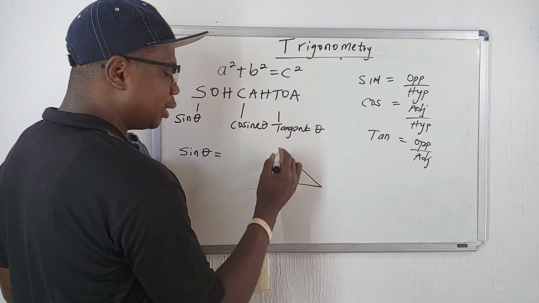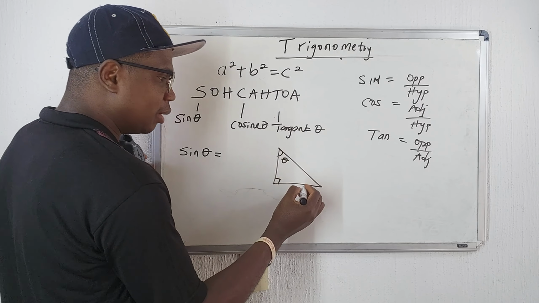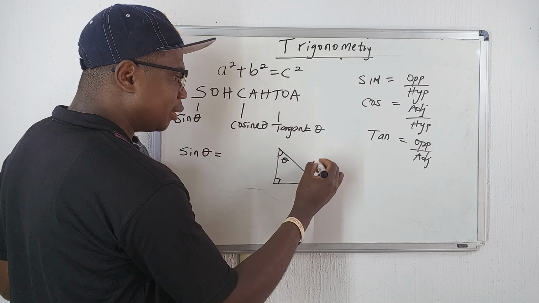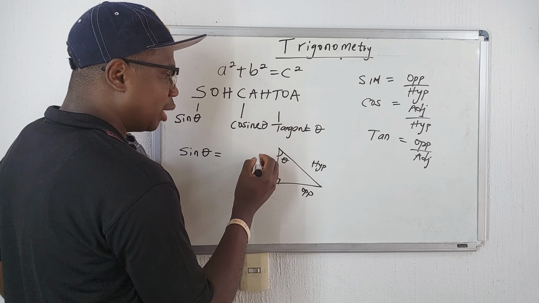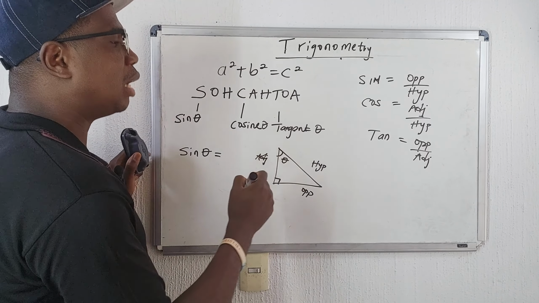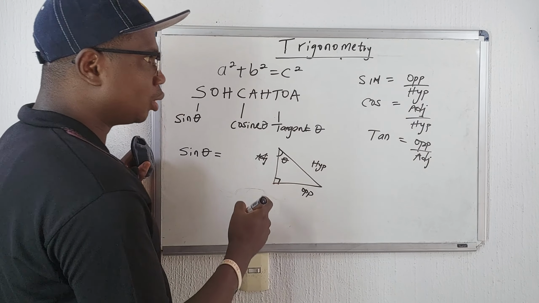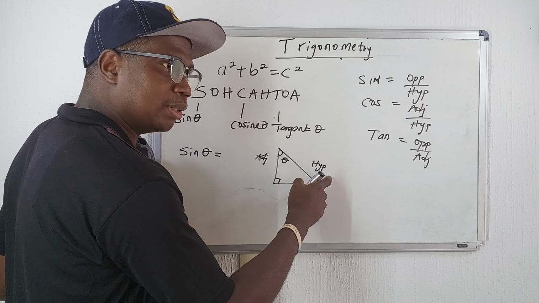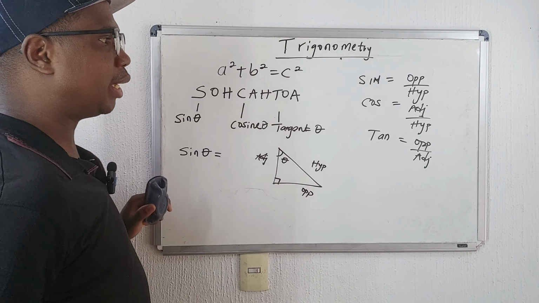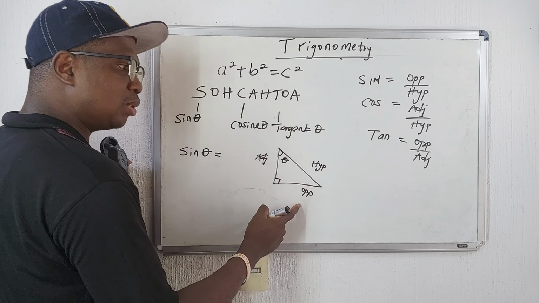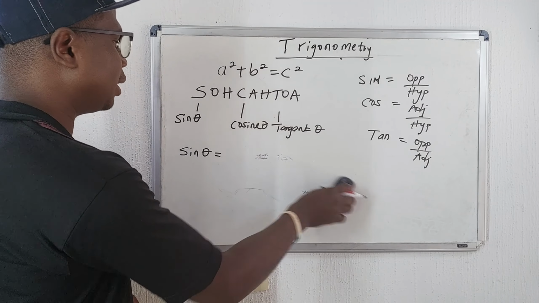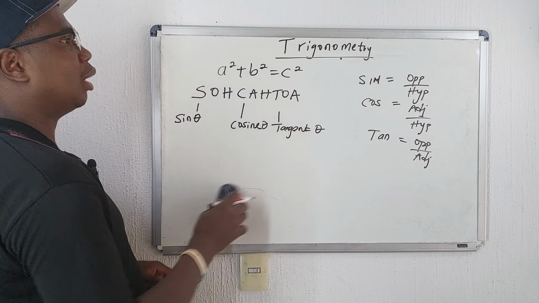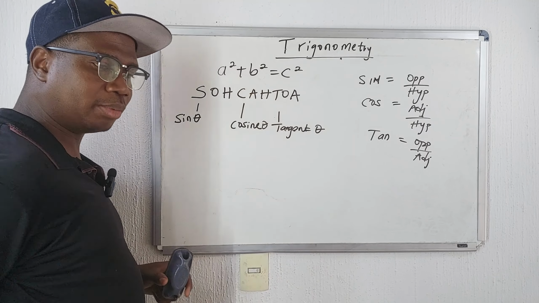The side opposite the angle is our opposite, the longest side is the hypotenuse, and the side adjacent to the angle is the adjacent. So cos theta will be adjacent over hypotenuse. Then tan theta will be opposite over adjacent.